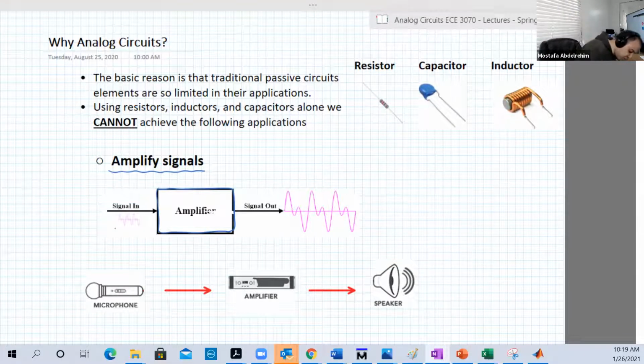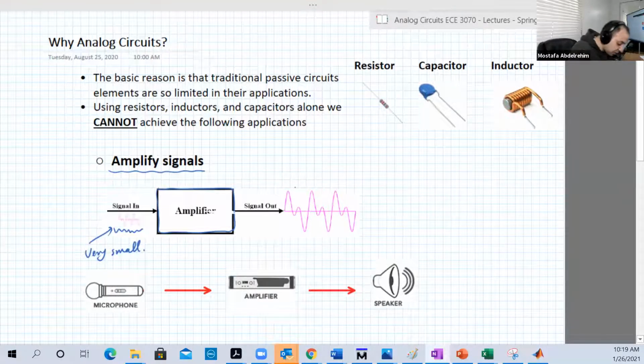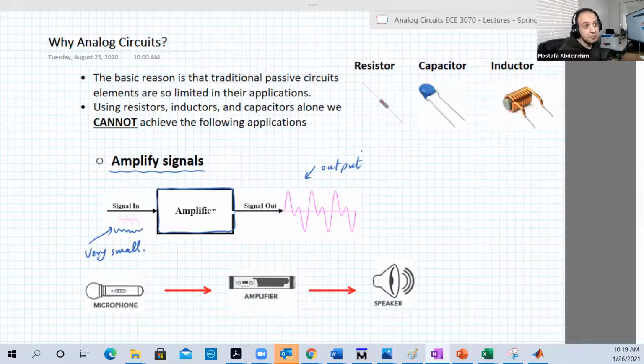The input voltage is usually very small. And the output voltage here is an amplified version of the input voltage. Ideally, it should be exactly the same as the input, but amplified.